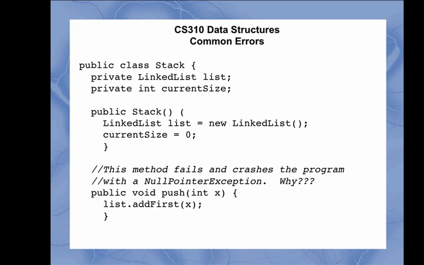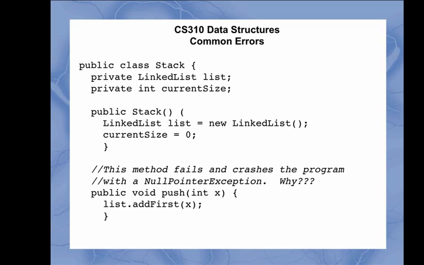We have linked list equals new linked list, current size equals 0, looks fine, and then we have a push method, but I want you to note that the very first time you call this push method you're going to crash. You're going to crash with the null pointer exception. Can you see why you're going to crash with a null pointer exception?